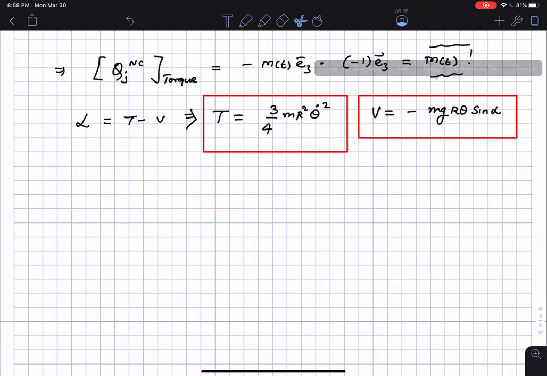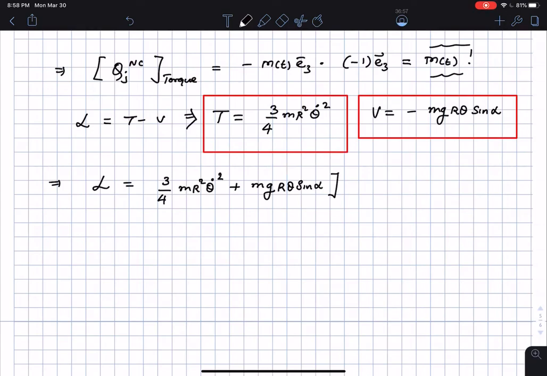So this was kinetic and potential energies, which means that for us the Lagrangian L is going to be 3 by 4 m r square theta dot square plus mgr theta sine alpha. Please note that alpha is the incline angle and it's a constant.